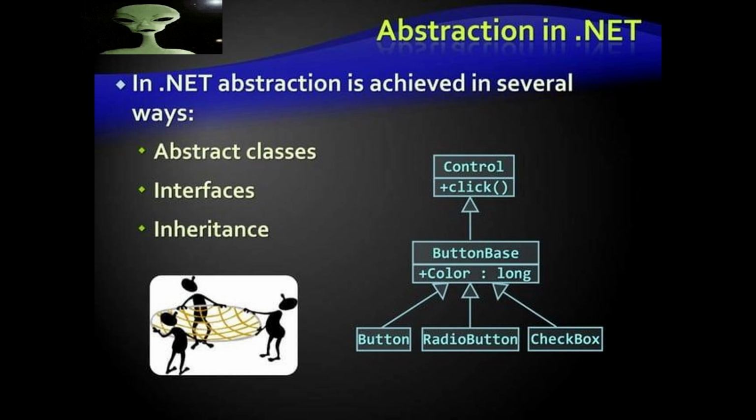For example, Control would have a Click method. ButtonBase would have a Color property. A Button, a RadioButton, and a CheckBox all inherit ButtonBase, which also inherits the Click method from Control. This allows one in a project to share features when necessary and hide features when not relevant to a current, in this case, button.